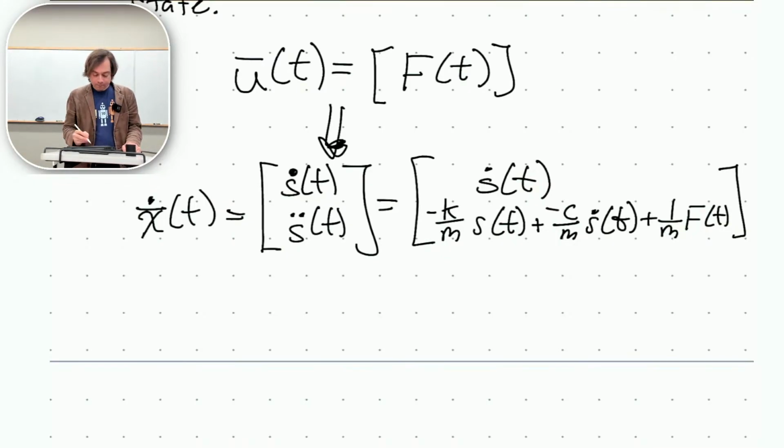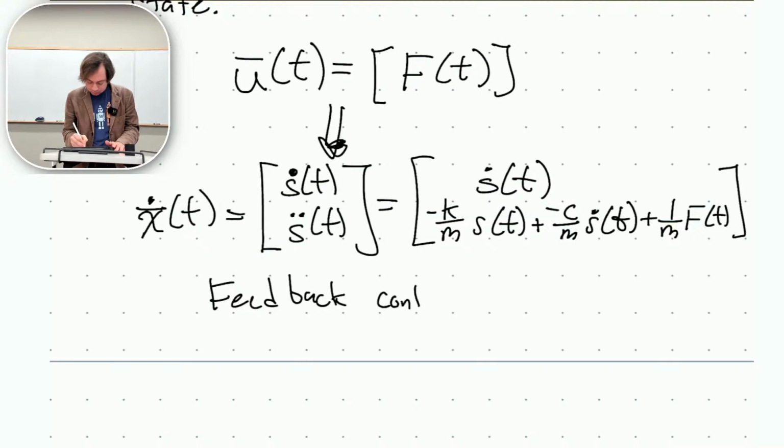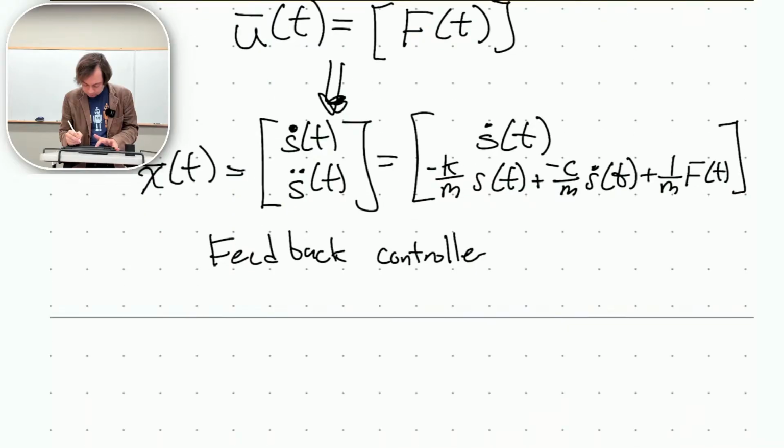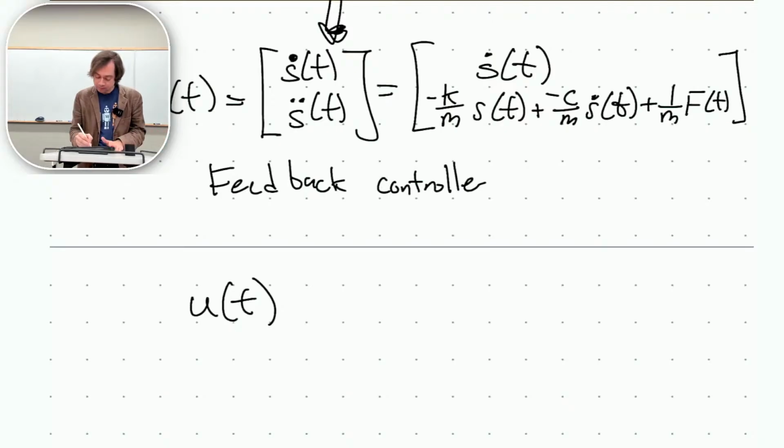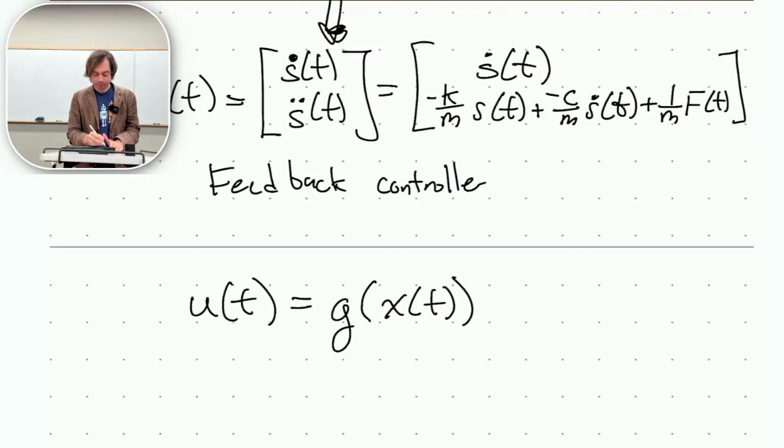Now, we're going to make what we call a feedback controller. Feedback controller. Meaning, our control input, u of t, is going to be some function, I'll call it g, of our state, x of t.